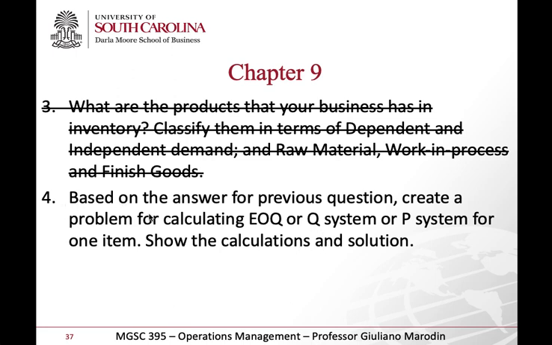The only question that you need to answer for chapter 9 is to understand the product and create a problem to calculate economic order quantity or Q or P system for one item. Show the problem: create the situation, the question, the calculation, and the solution.